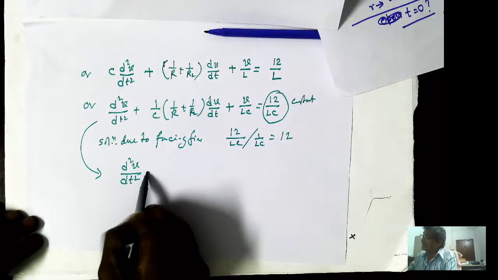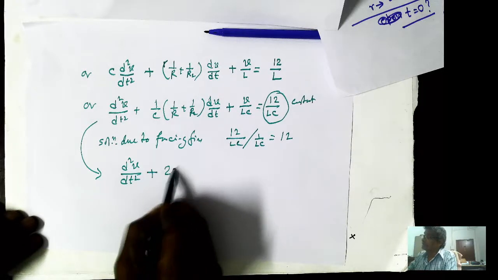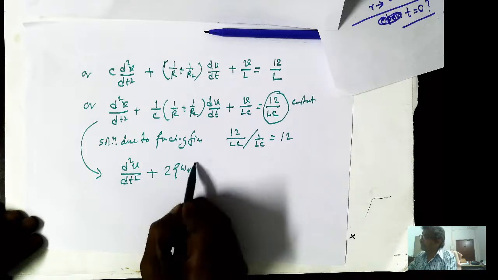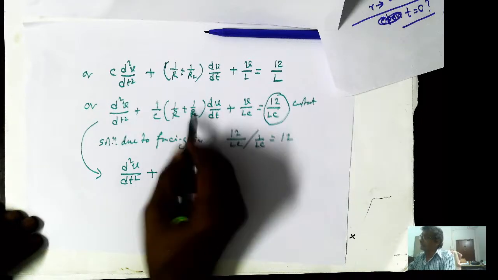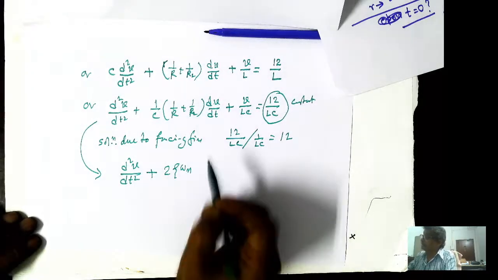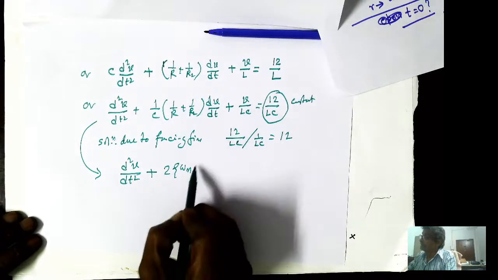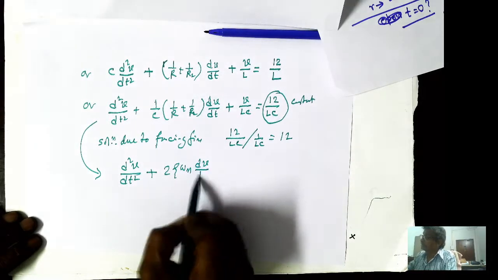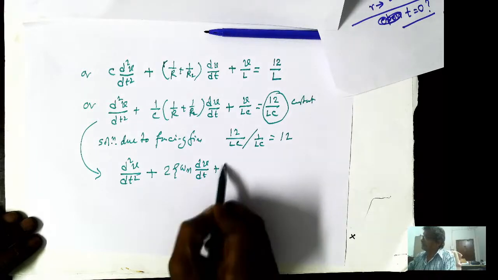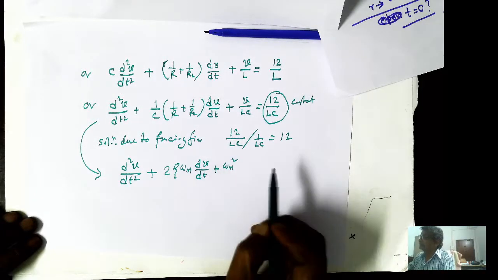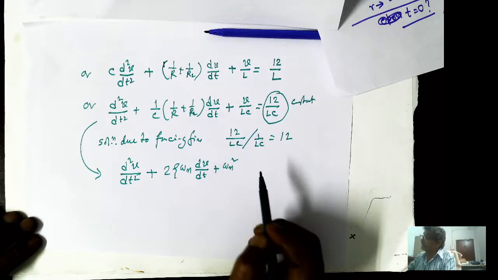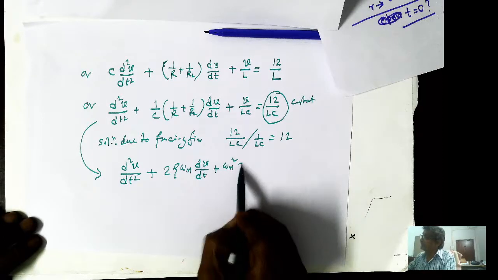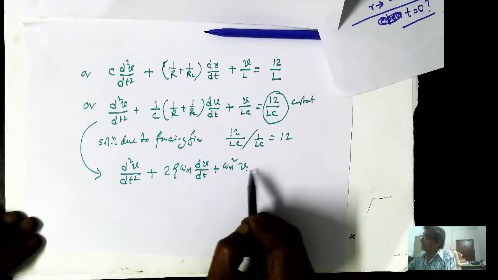Then you translate this equation to this form: 2 zeta omega n, you say this one, and you say this one to be omega n square, into V, 1 by LC, we have done several times, equal to 0.